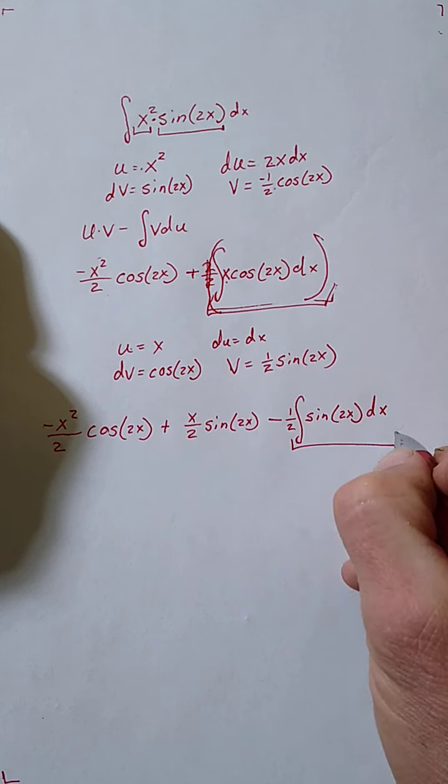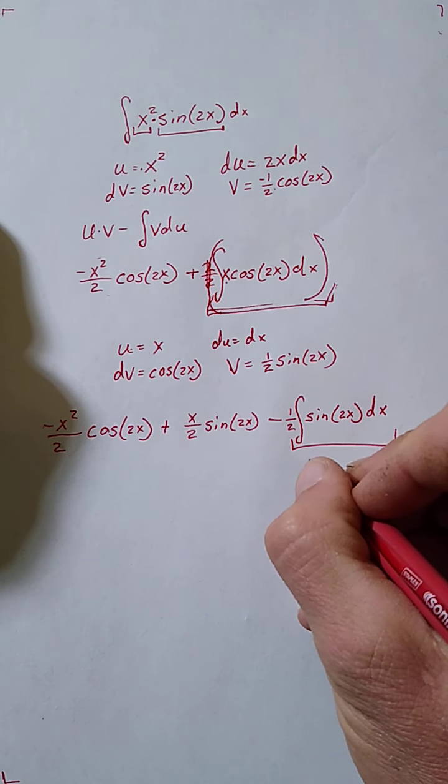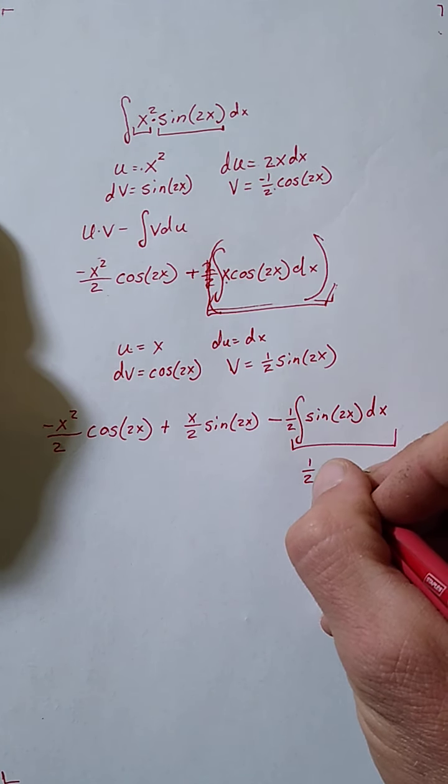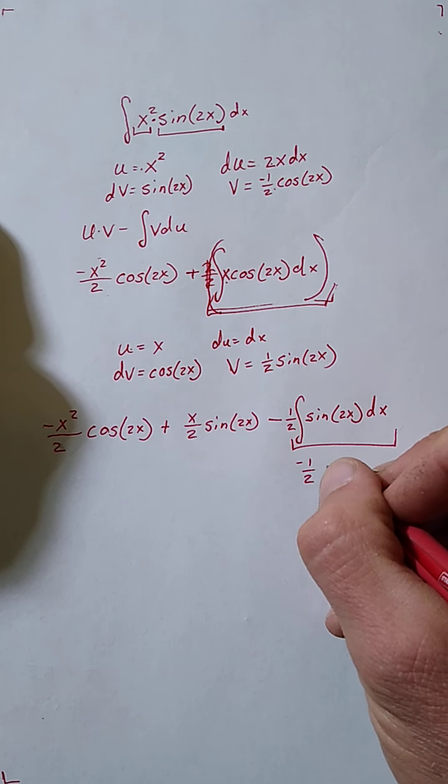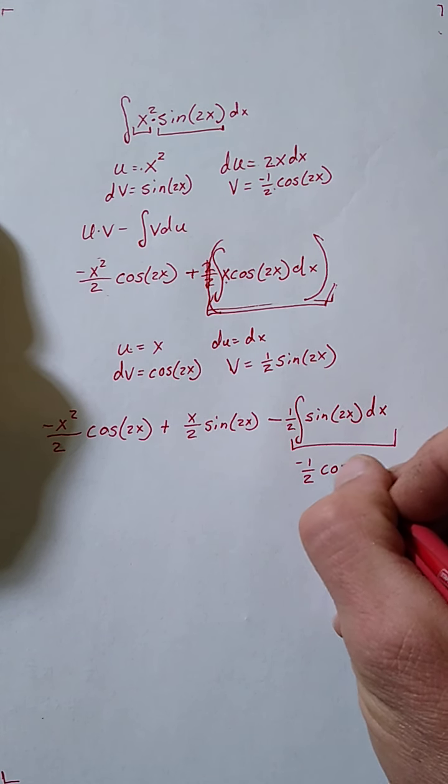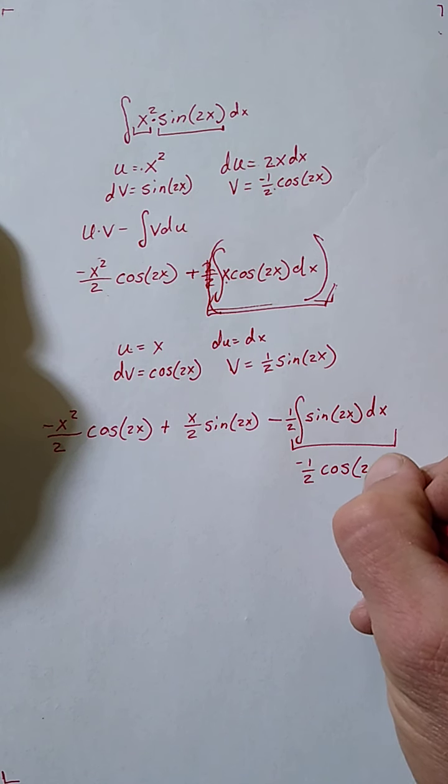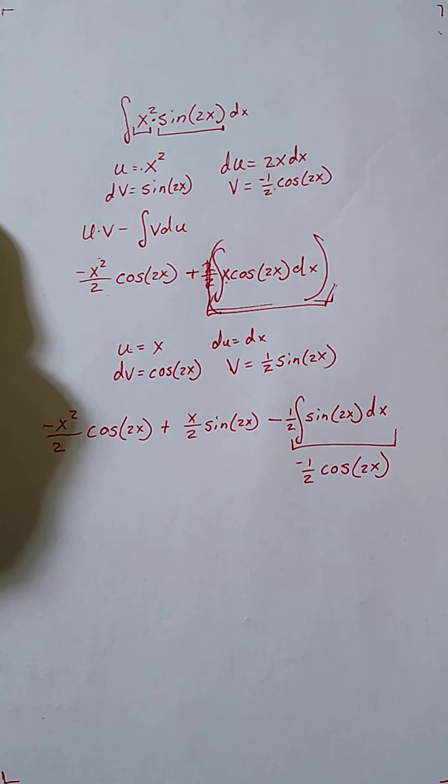And then this final integral we can calculate as being another 1/2 negative cosine of 2x.